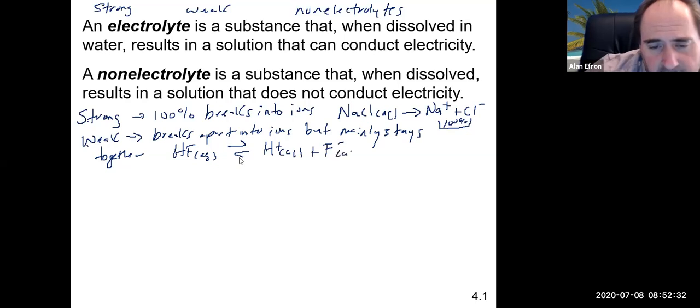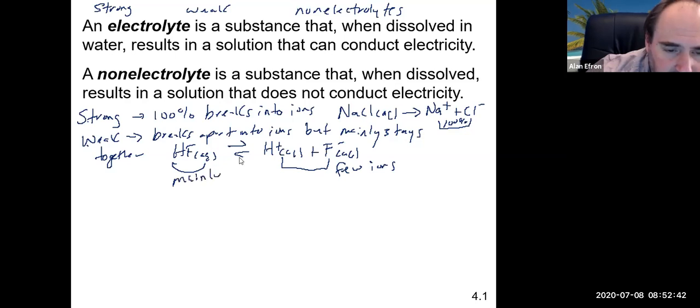But unlike a strong electrolyte, you produce only a few of these ions in solution. It mainly stays together. So it's a weak electrolyte, and it's still considered an electrolyte because even though it mainly stays together, it's still able to produce a little bit of these free ions. And because it's able to produce some free ions, it's still able to conduct electricity. It will not conduct anywhere near as well as a strong electrolyte.